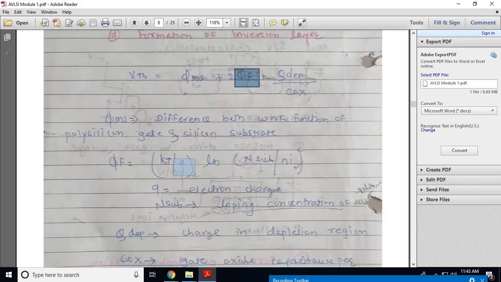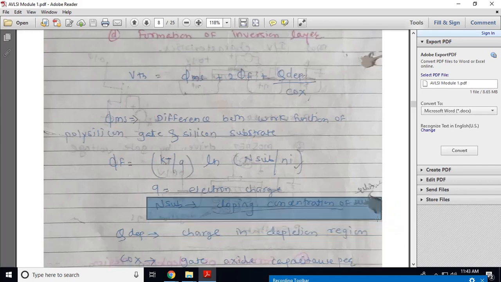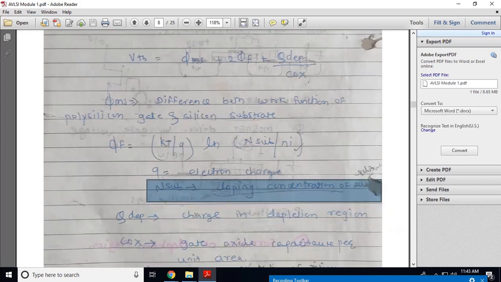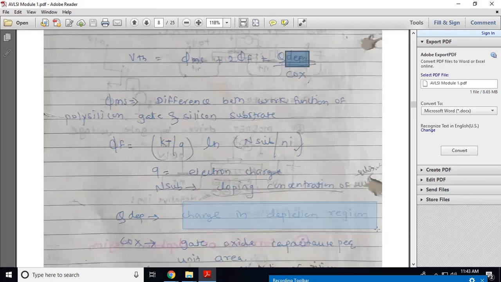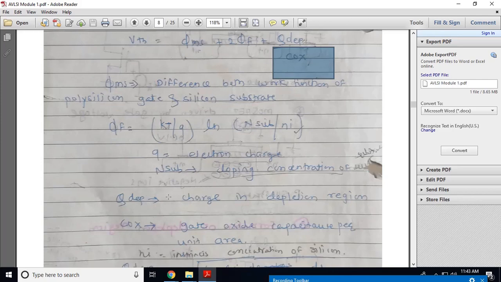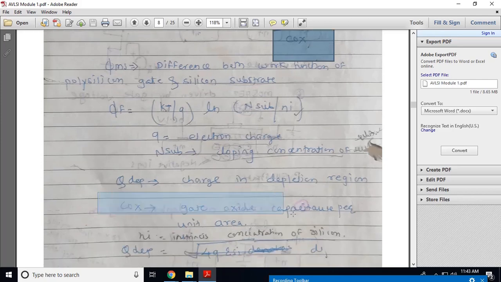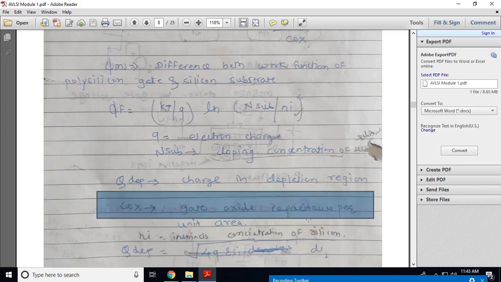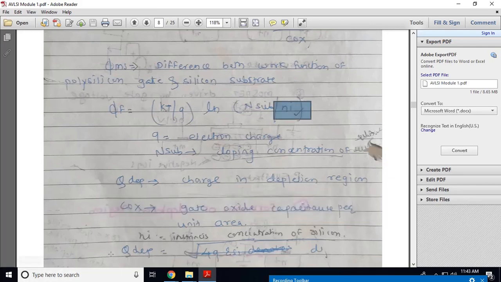Q is the charge on the electron, N substrate is the doping concentration of the substrate, Q depth is the charge in the depletion region, COX is the gate oxide capacitance per unit area, and ni is the intrinsic concentration of silicon.